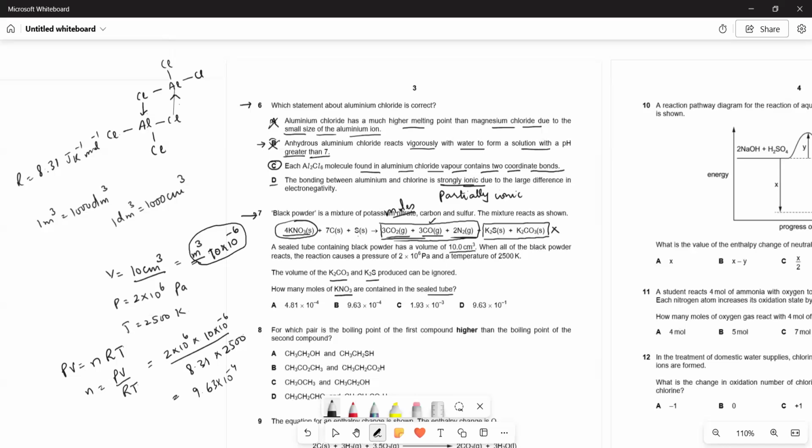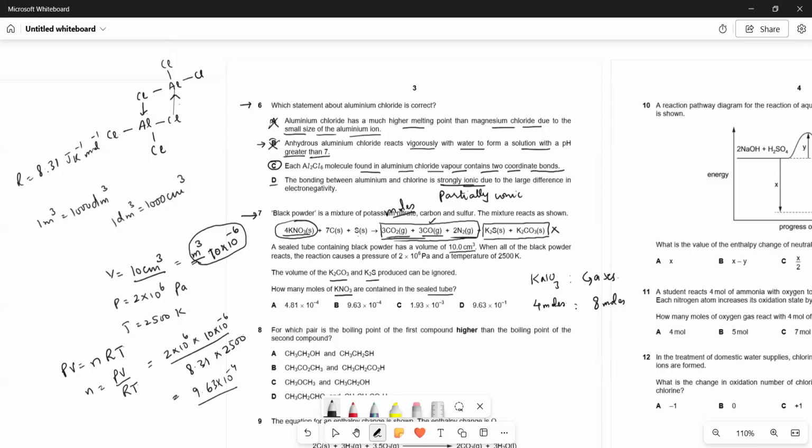Now, these are the moles of all these gases, right? So what's the relationship between the solid potassium nitrate and the gases? The mole ratio is that 8 moles of gases are produced from 4 moles of potassium nitrate, right?